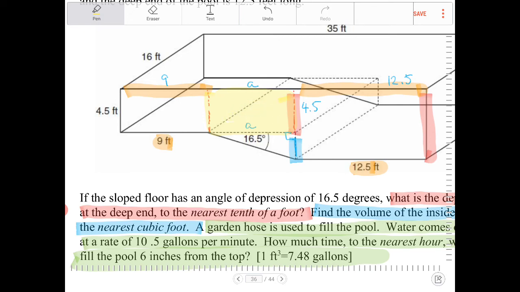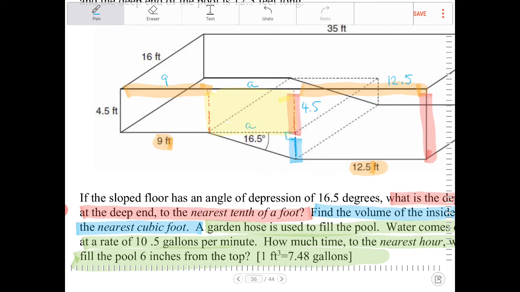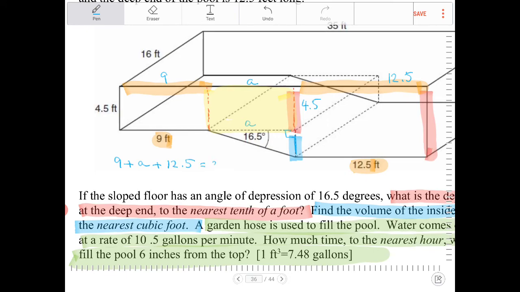All right. So knowing that, let's find out what is the dimension for A. Once I know what A is, then I can figure out that little segment inside where the pool becomes deeper. So I know that 9 plus A plus 12.5 is equal to 35. I want to combine like terms. So I have A plus 9 plus 12.5, that's 21.5.